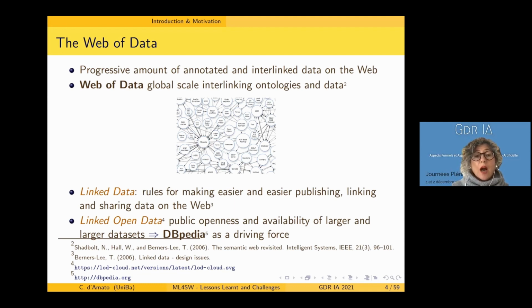And in this regard, initiatives such as linked data, that represents rules for making easier and easier publishing, linking, and sharing data on the web, can be recalled, and the linked open data initiatives that pushed a lot on having public and open larger and larger data sets. And in this regard, DBpedia acted as a driving force for developing the giant linked open data cloud.